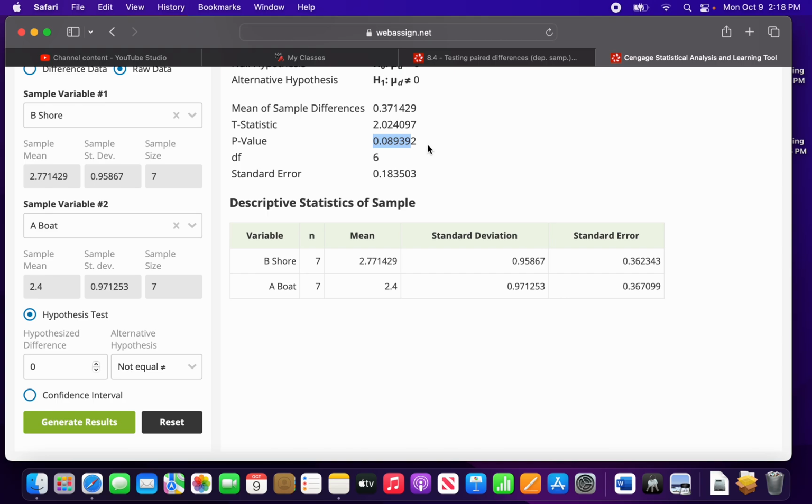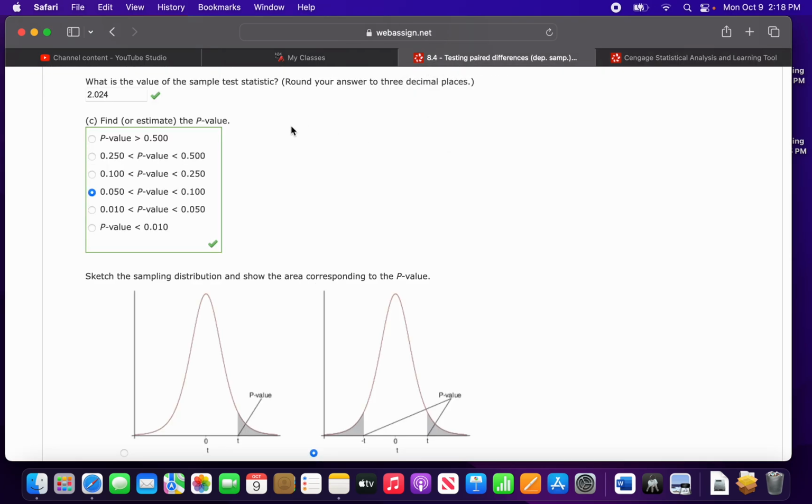Let's go back to our problem. Our t-statistic, remember that we're going to pick this value. We've got to be careful of our rounding. Rounded to 3 decimal places, that's 2.024. Now for our p-value, it was 0.08 and some change. That's between 0.05 and 0.1.